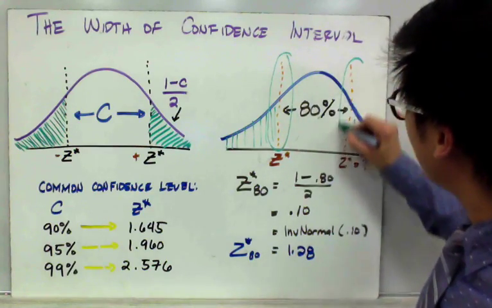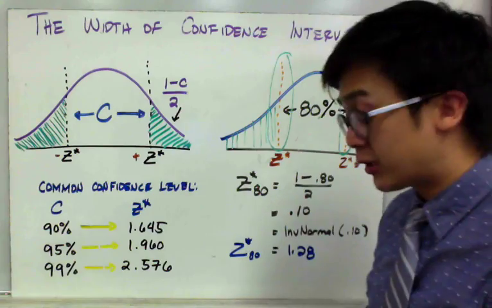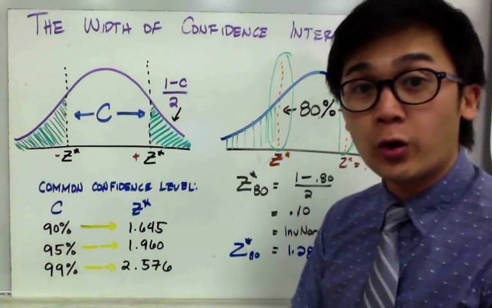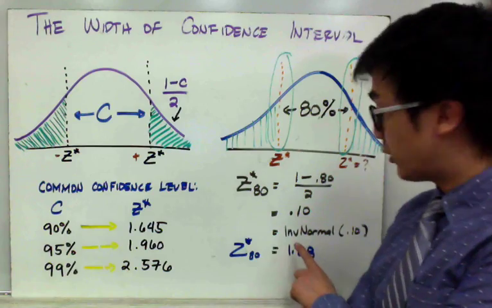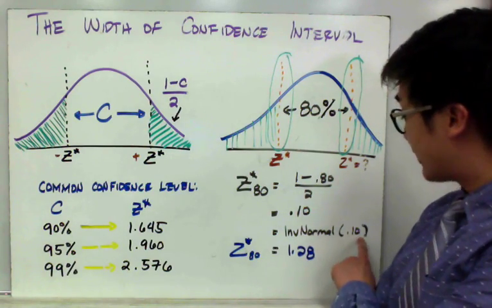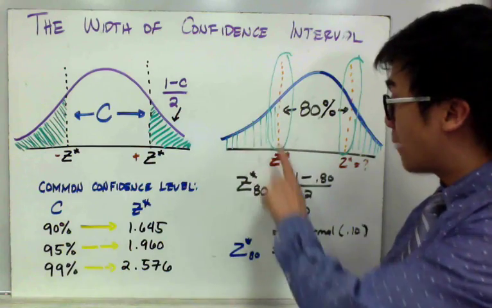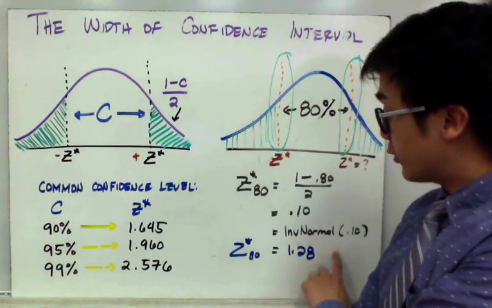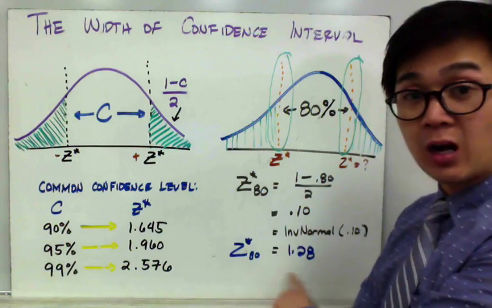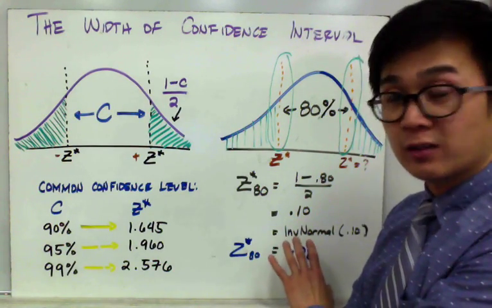To find the value of z star, you can use your z-table or your calculator. In your calculator, you just need to use inverse normal, 0.10, and it will give you the actual location of that z-score, which is at 1.28. So this is how you find the z star, which you will need in your formula for the confidence interval later on.